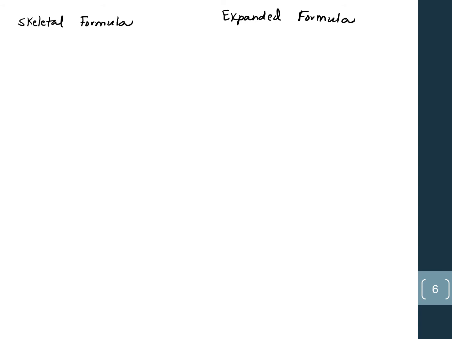You should be able to do the same thing in the opposite direction. If I give you the expanded formula, you should be able to transform it into the skeletal formula. So that will be the first one. Second one.